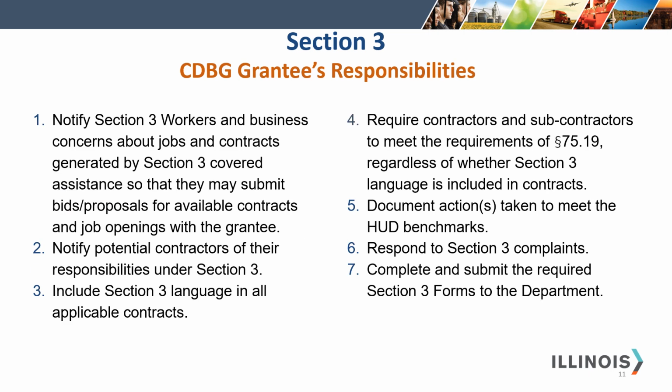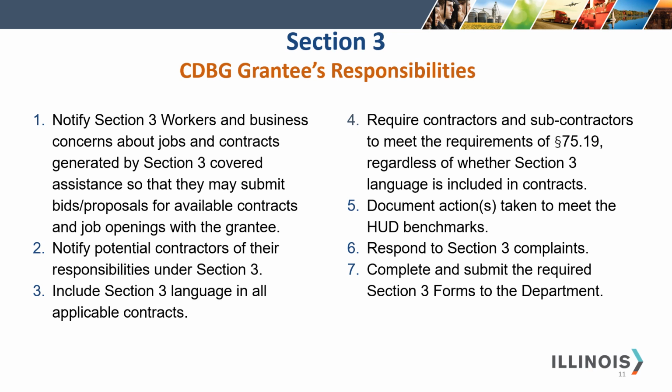Grantees must notify Section 3 workers and business concerns about jobs and contracts generated by Section 3 covered assistance so that they may submit bids and proposals for available contracts and job openings with the grantee. They must notify potential contractors of their responsibilities under Section 3 and include Section 3 language in all applicable contracts.